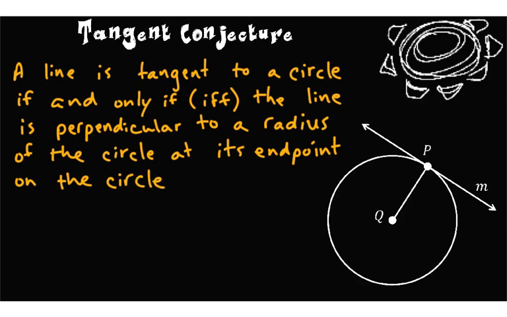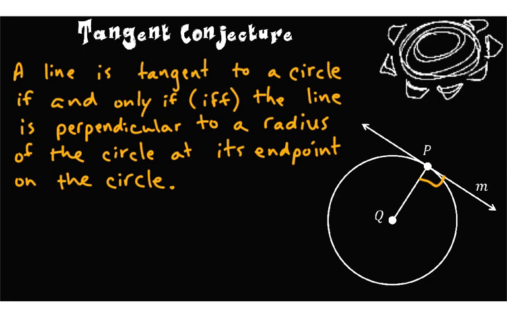So what that's saying is we know that this line M is tangent if this radius, which has its endpoint on the circle, is perpendicular to that line M. Similarly, if we know that this segment that is the radius and has its endpoint on the circle is perpendicular to that line M, then M is a tangent.